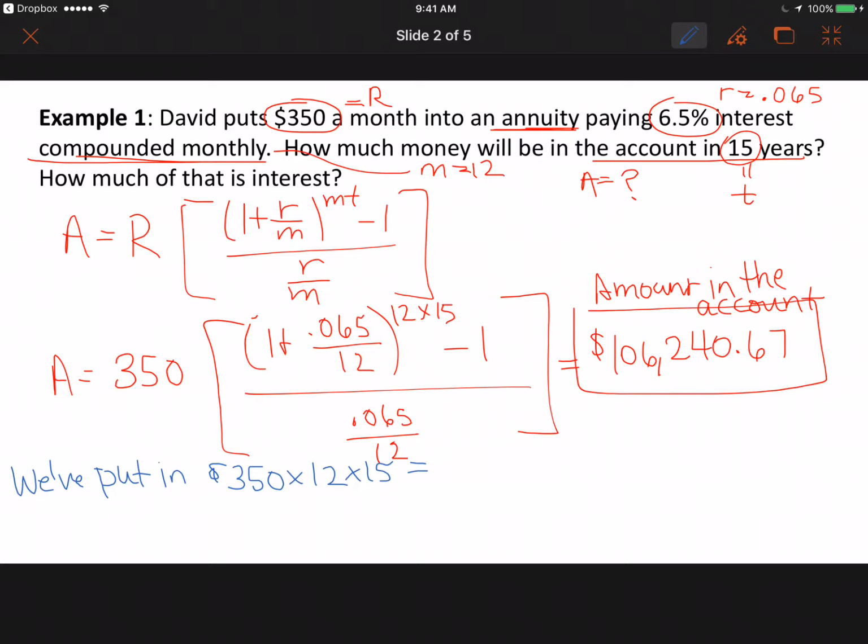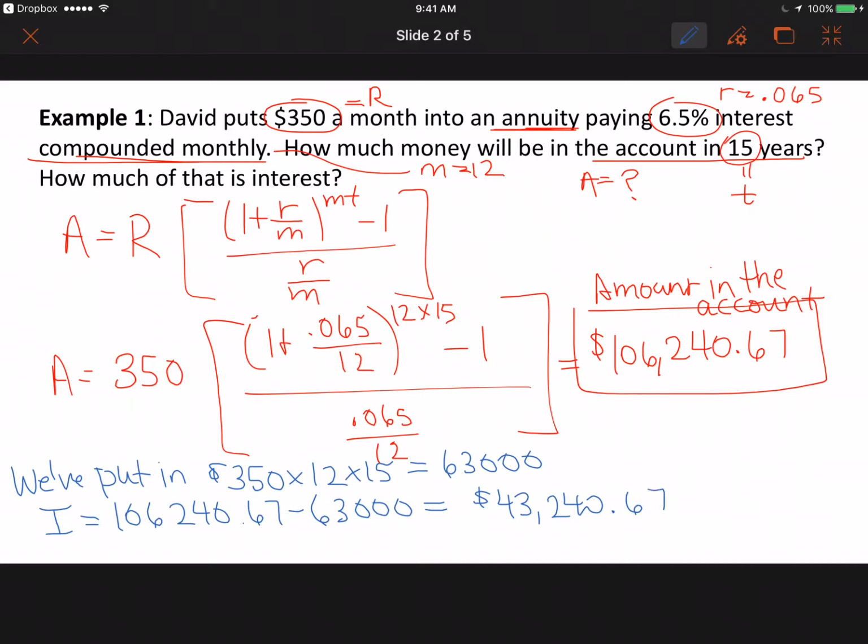So $350 times 12 times 15 is $63,000. So the interest is going to be the amount in the account, A, minus 63,000. And I get 43,240.67.